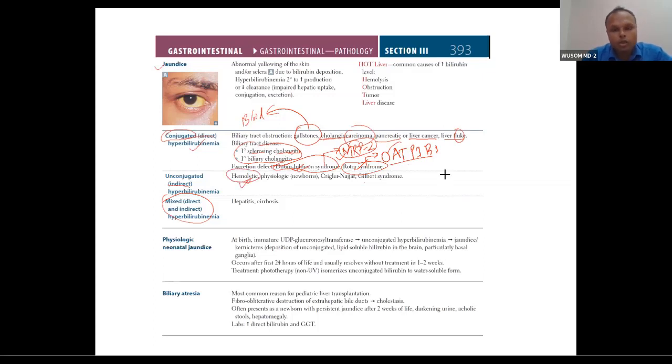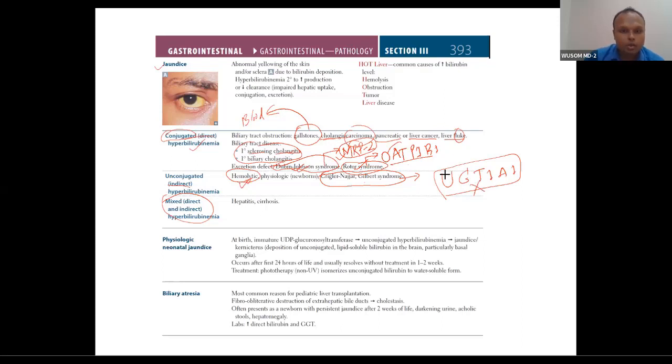The other is the protein that causes conjugation, UGT, uridine diphosphate glucuronosyltransferase 1A1. If this enzyme is absent, bilirubin cannot be conjugated, because this is the one that conjugates.